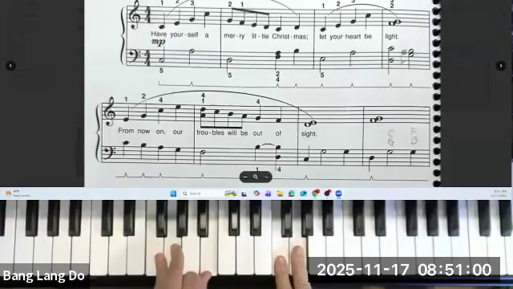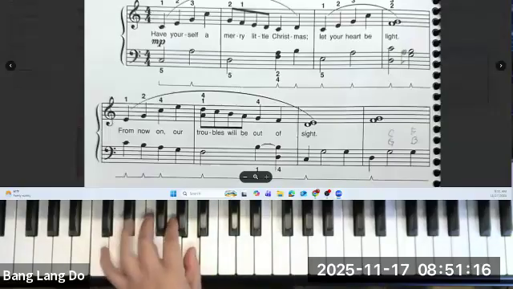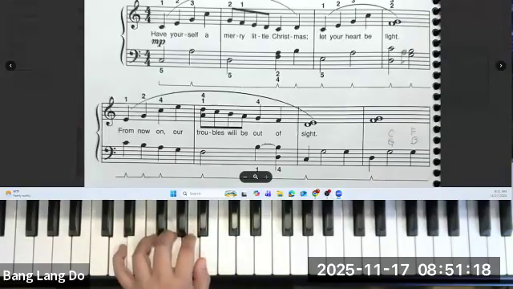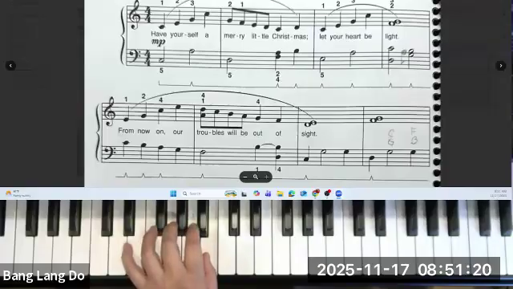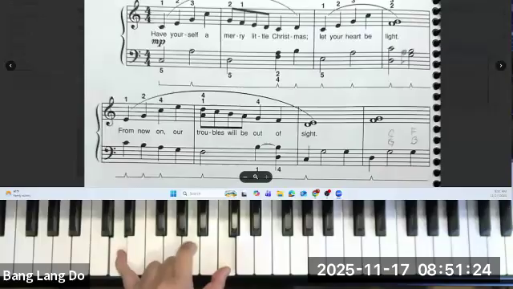So basically you're having the same chords over and over: A minor 7, D minor 7, and G7 for the entire first line. But the way they arrange it makes it a little easier on the hand, right? That is part of the D minor 7, and this is part of the G7.